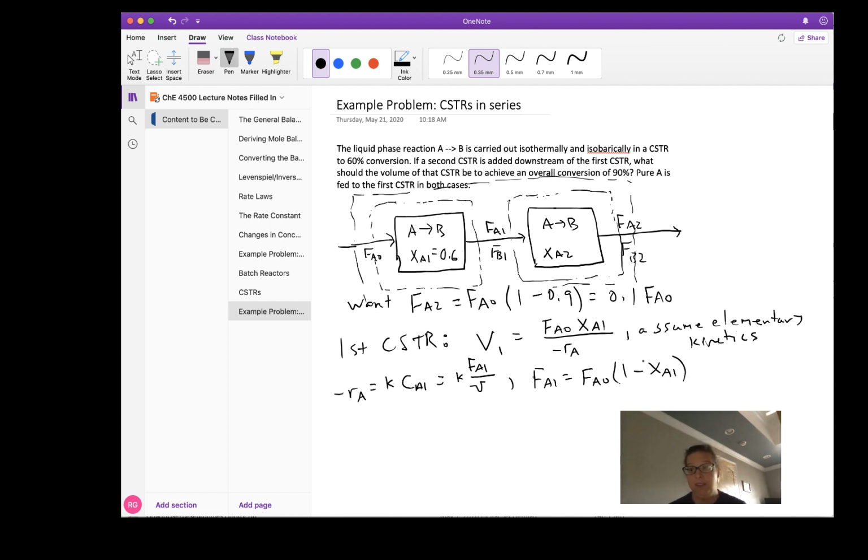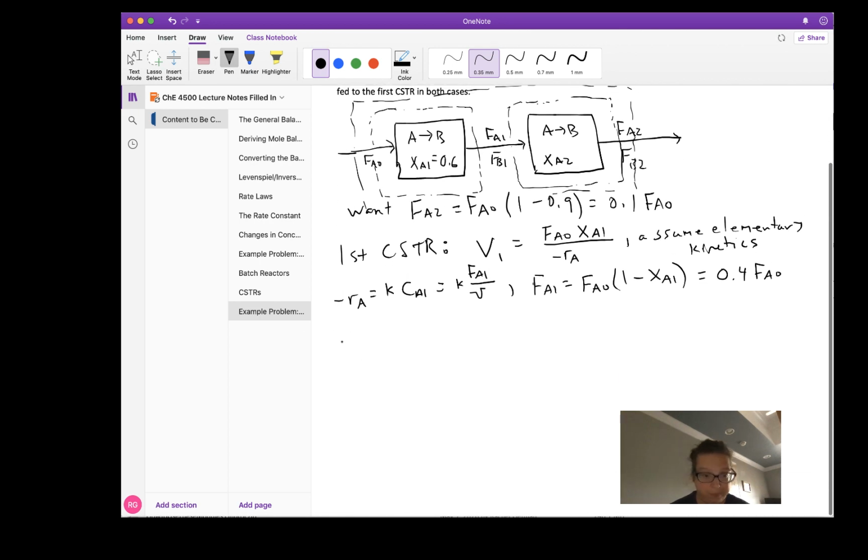And I'm given this information, so I know that FA1 is equal to 0.4 FA0. So now I can substitute this expression into here, and then I can insert this expression into the mole balance. So that's what I'm going to do here.